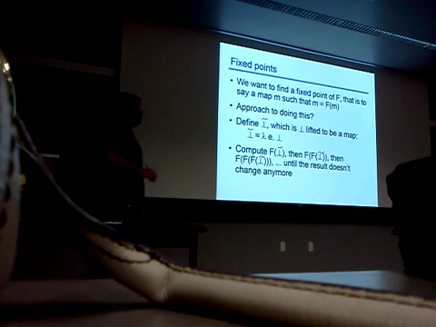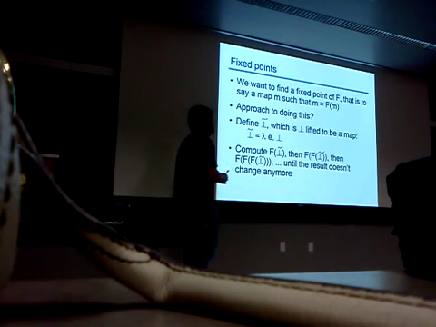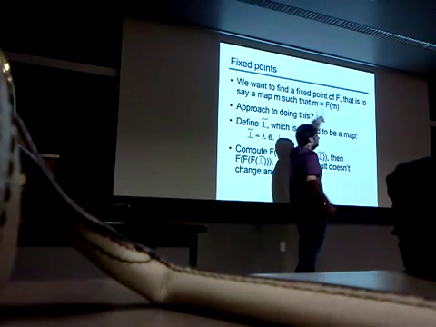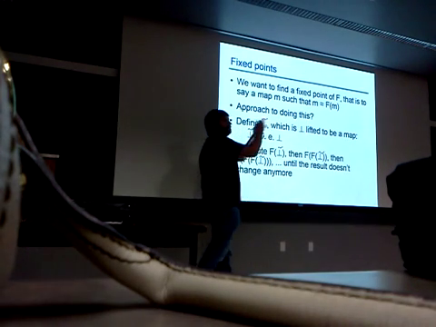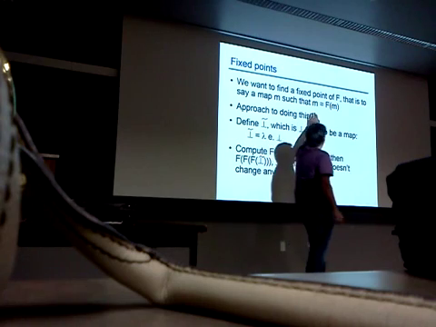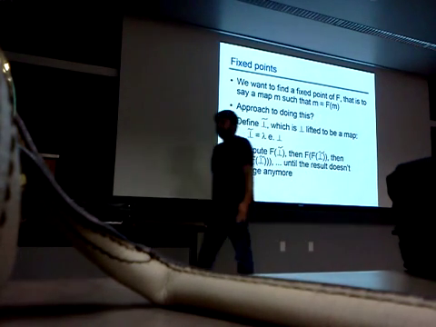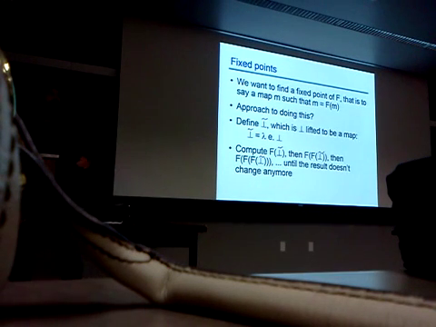Then we saw that what we want is to find a fixed point of F. In other words, we find m, where m is an array, or map, so basically one piece of information for every edge in the control flow graph. We want m equal to F of m. The way we do that is we start with an array of bottoms, then apply F, and keep applying it.